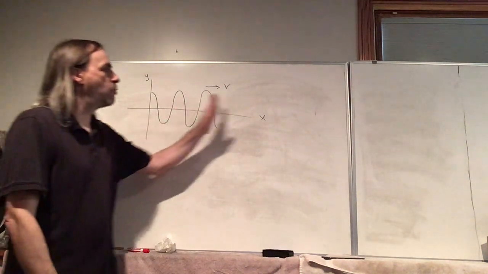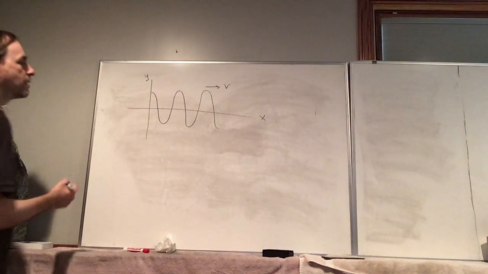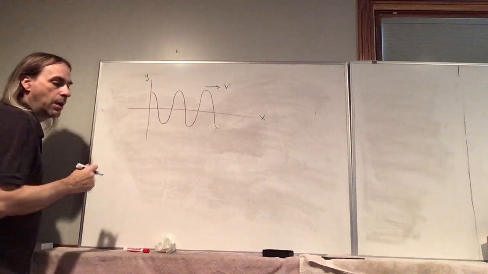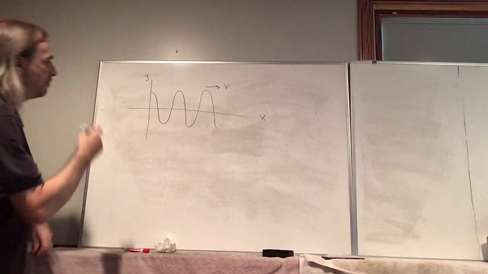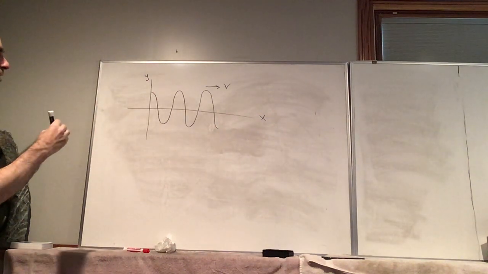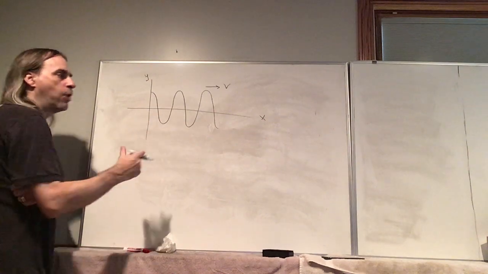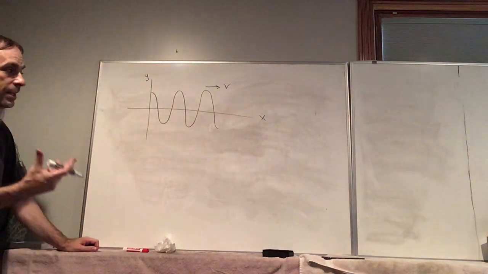But let's say we know it's moving to the right with a speed v. And let's look at a point on the wave. We can describe this as a cosine curve. So the wave itself is a function of both x and time, t.